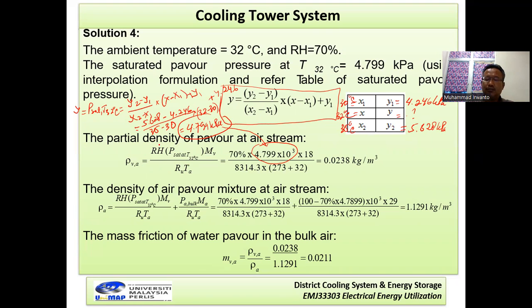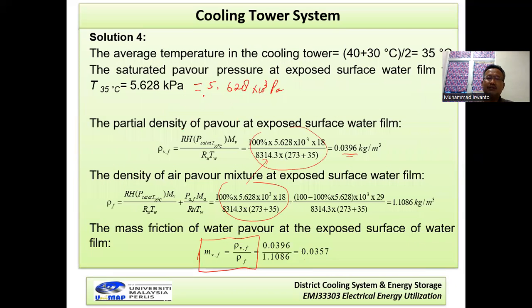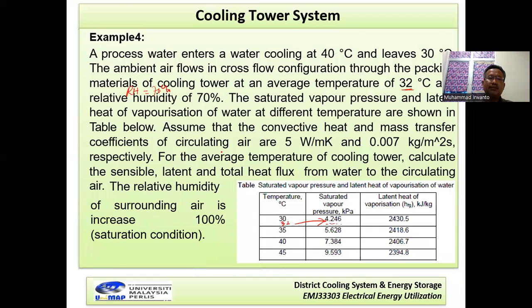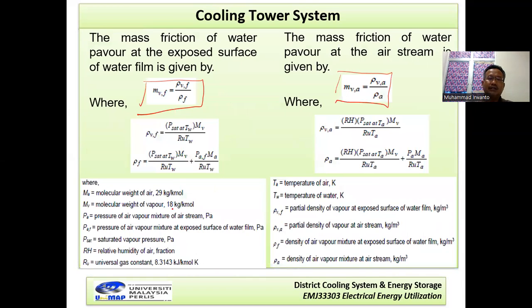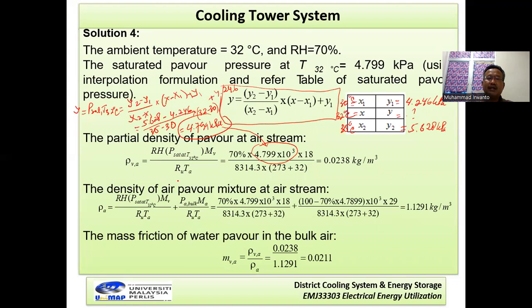RH is given in this question as 70%. P saturated at 32 degrees Celsius comes from here, and then MP is 18 from here.